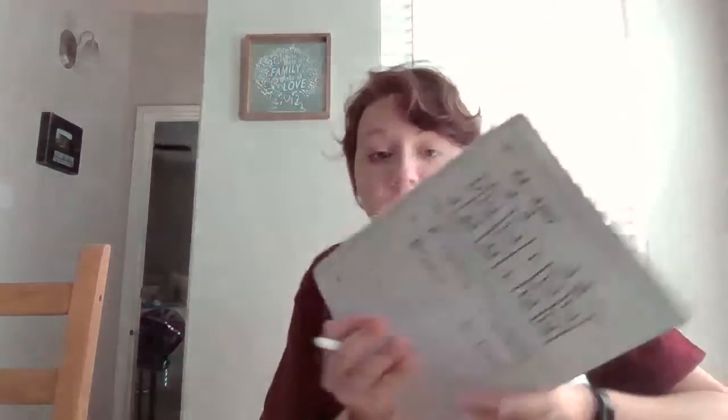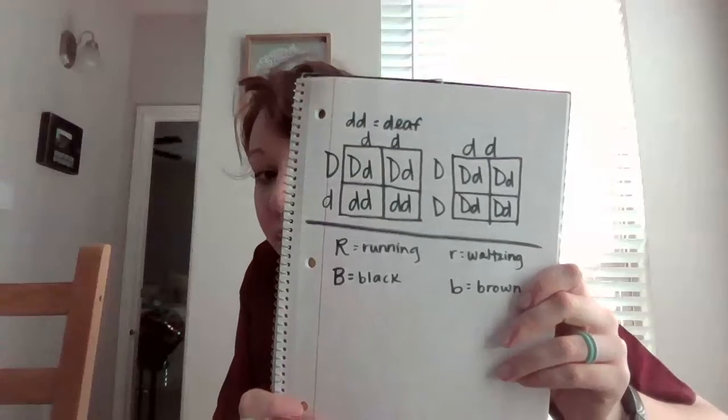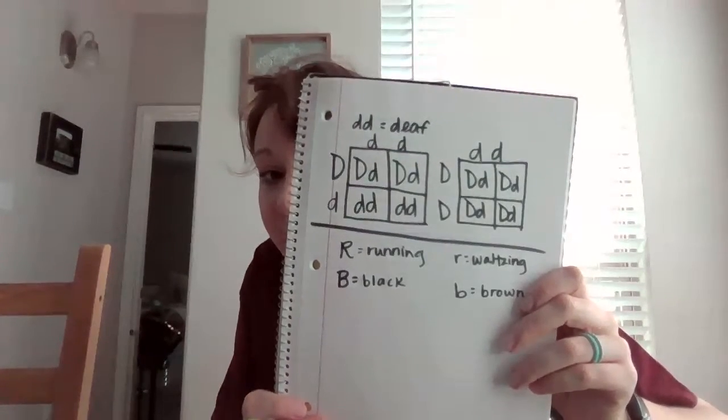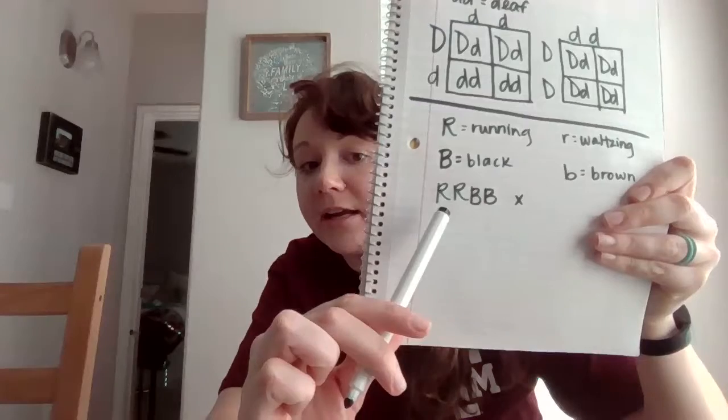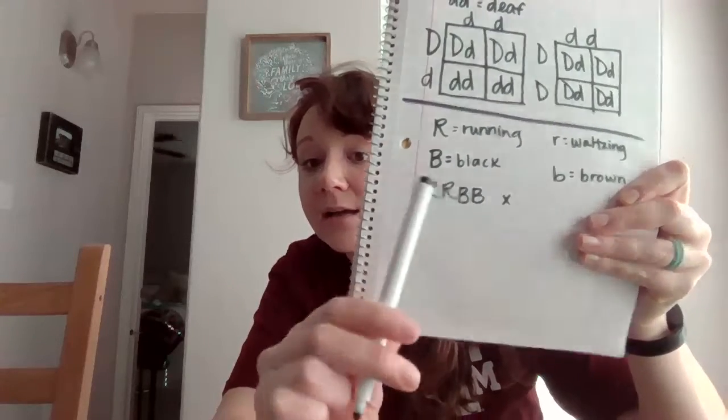So now we are crossing. This is what I have so far. Okay, so now we are crossing a homozygous running, so capital R, with a homozygous black. Okay, we're crossing that mouse, so we have the homozygous running and then homozygous black.